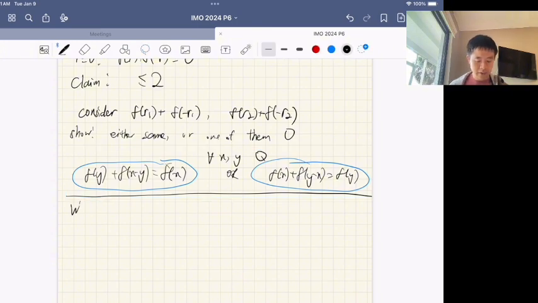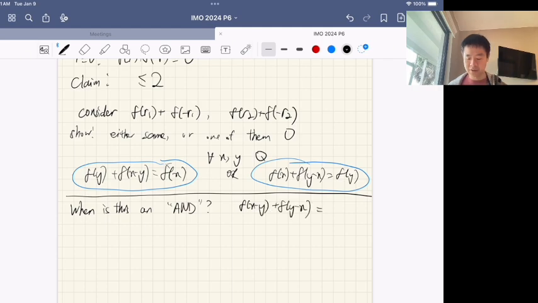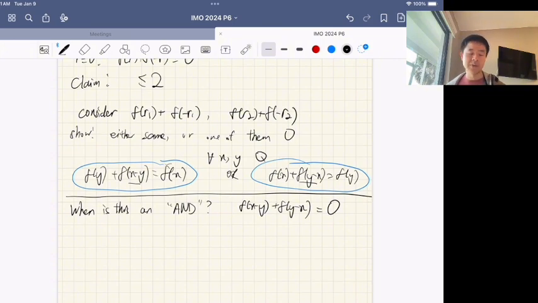When is this an AND? Well, if both of these were true, then f(x minus y) plus f(y minus x) equals 0. So if this difference adds up to 0, then it's either none or both of them that are true, but since we know that one of them has to be true, both of them have to be true. And conversely, if this is not 0, then only one of them can be true.